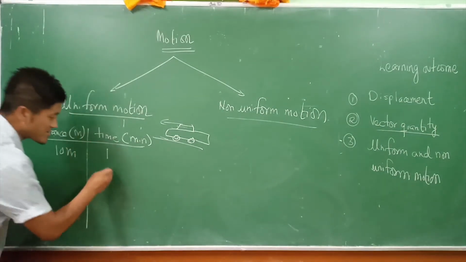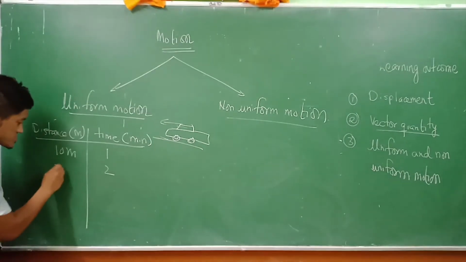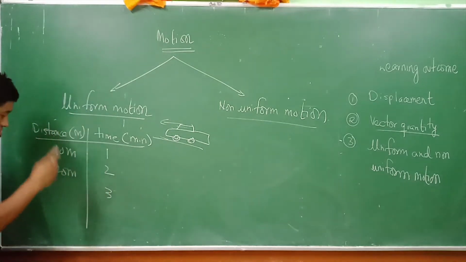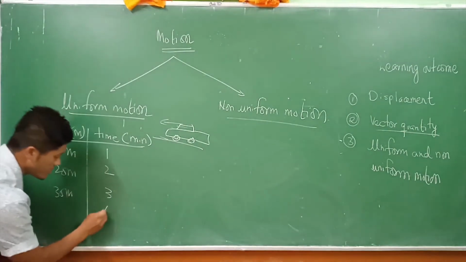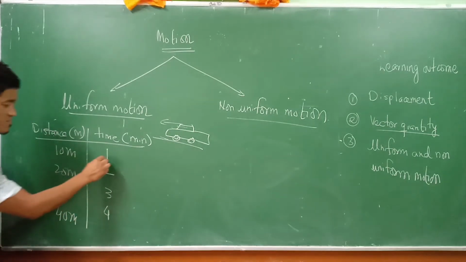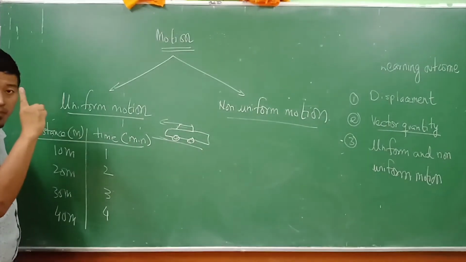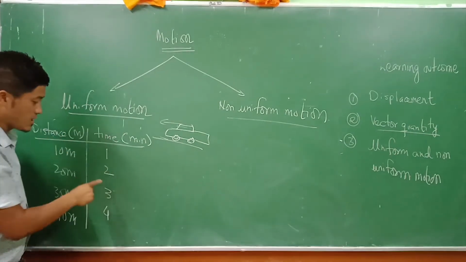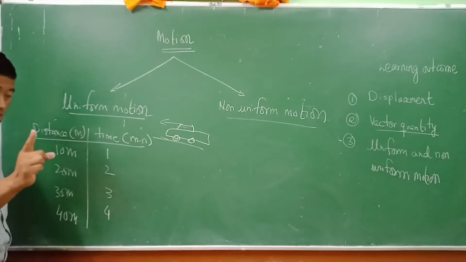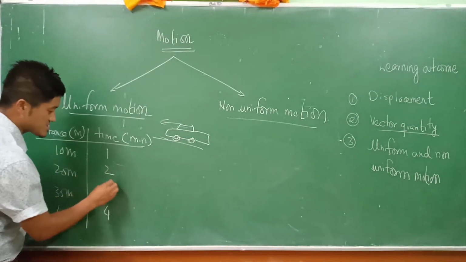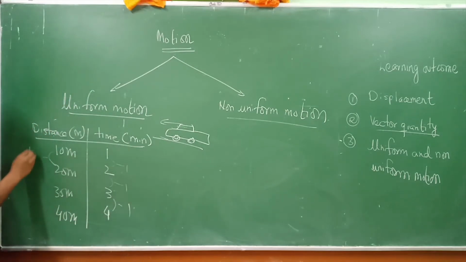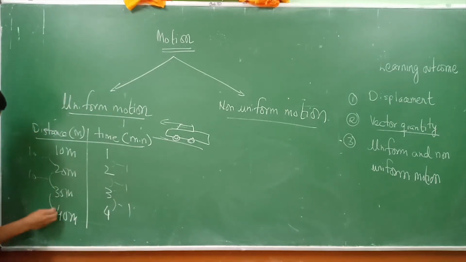In the next minute, that is 2, it covers 20 meters. In 3 minutes, 30 meters. In 4 minutes, 40 meters. What do you see? What is the difference between 1 and 2? That means 1 minute. 2 and 3, again 1 minute. 3 and 4, again 1 minute. Right? So over here you see a similar kind of thing, 1, 1, 1, 1. And over here also you see 10, 10, 10.